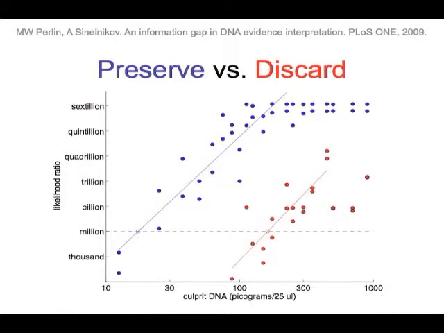One is the quantity of DNA from the unknown culprit, and that was easy to figure out because you multiply the known mixture weight from the experimental design times the quantity of DNA. That's the amount of DNA in the unknown fraction. And then the y-axis is showing information, the log of the likelihood ratio.